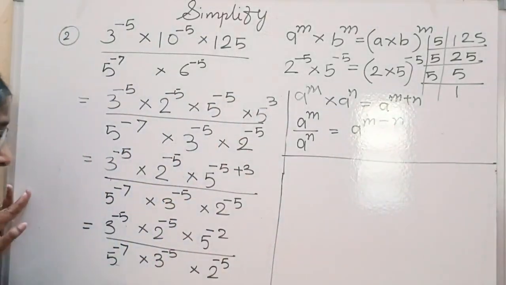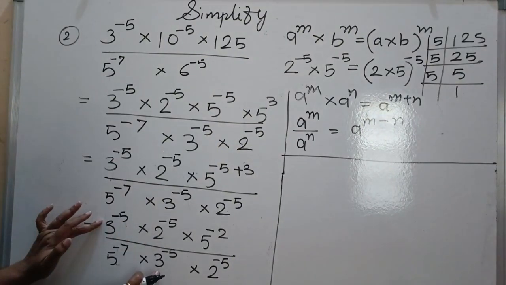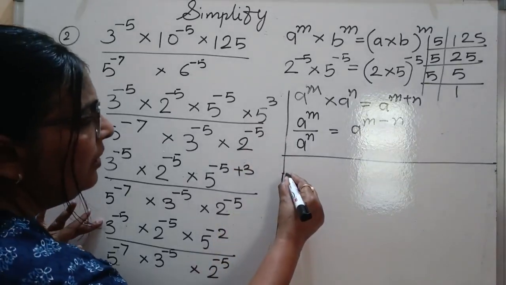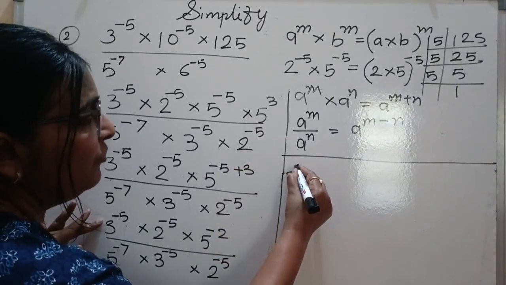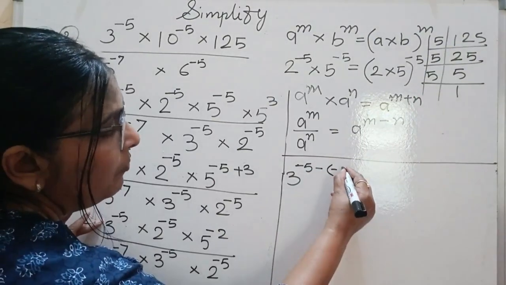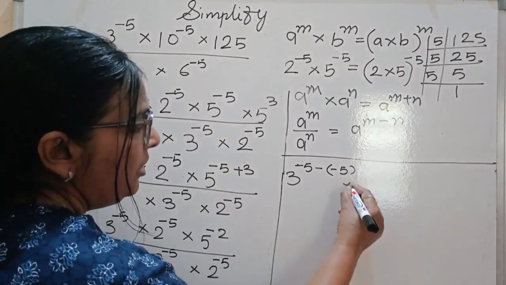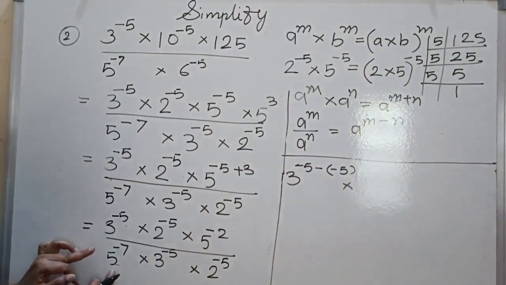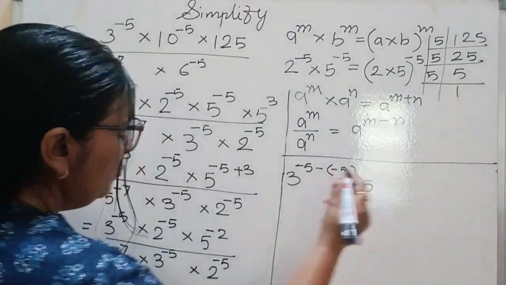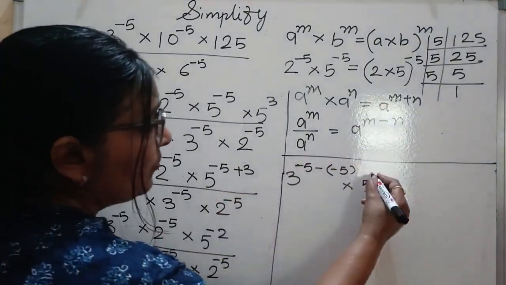Next step. Okay. Now here 3 raised to minus 5 and here divided by 3 raised to minus 5. How I will write? 3 raised to minus 5, minus sign in between and again minus 5. Got it? Now next, into 5. 5 raised to, what is here? 5 raised to minus 2.